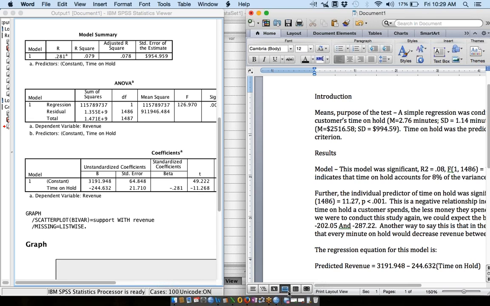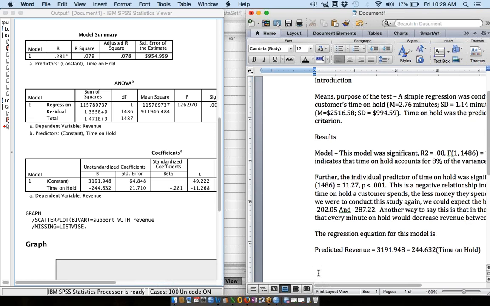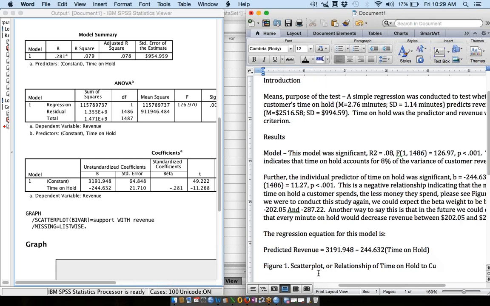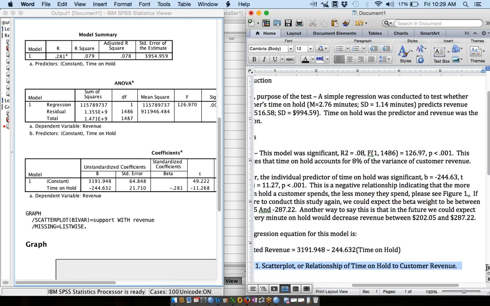And then my figure 1 is going to be, you could say, scatter plot or relationship of time on hold to customer revenue. You want to make sure this is all italicized. And I also want to go back up and italicize.